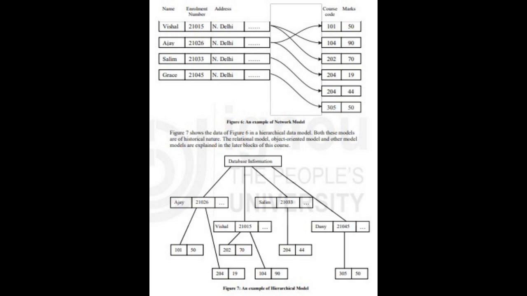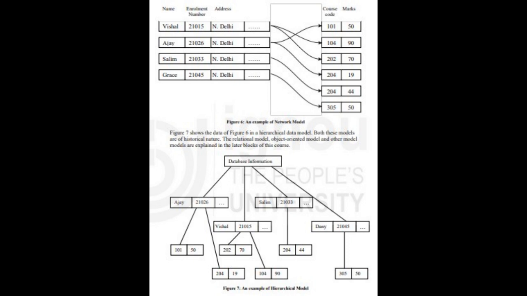In addition, this model also identifies the relationships among these entities. It is mainly represented in graphical form using ER diagrams. This is very useful in database design. The entity relationship diagram is discussed in this block.